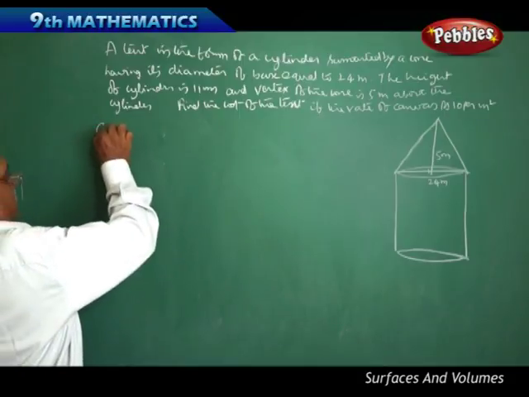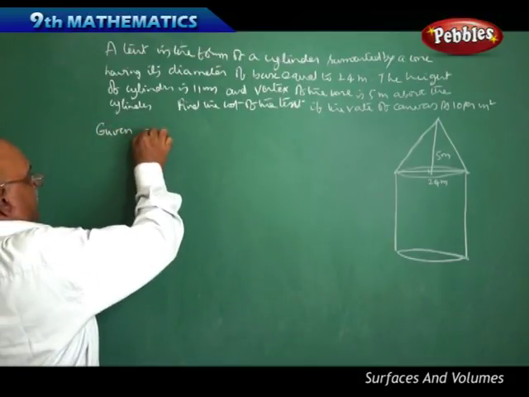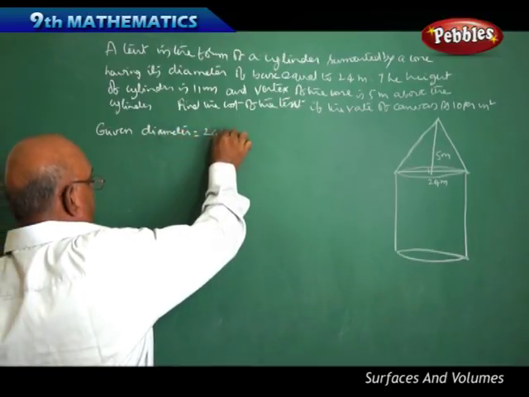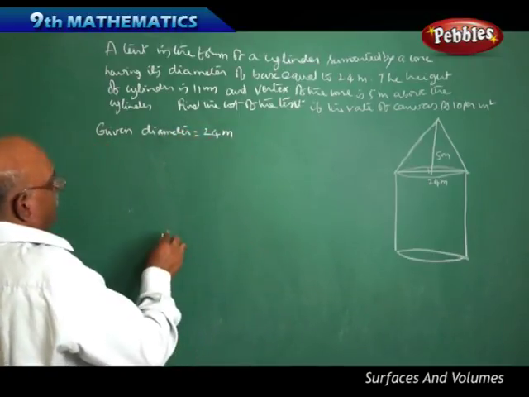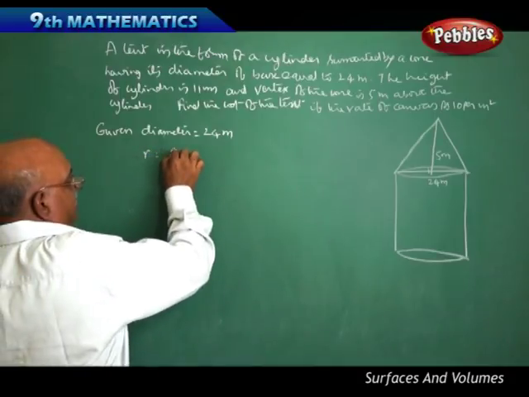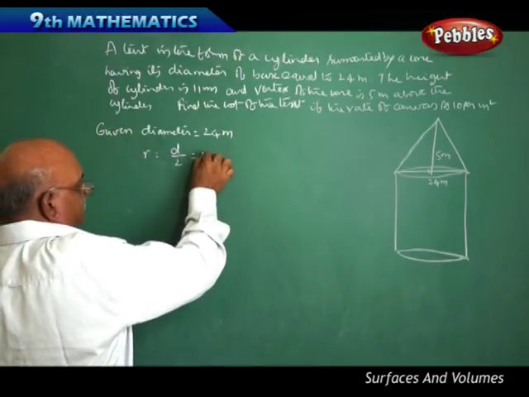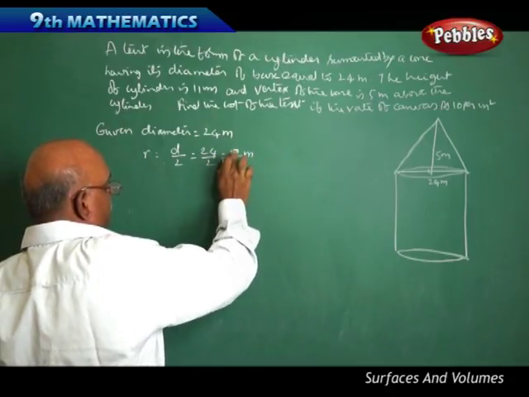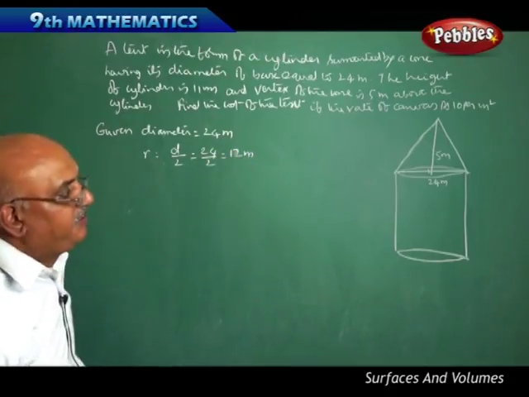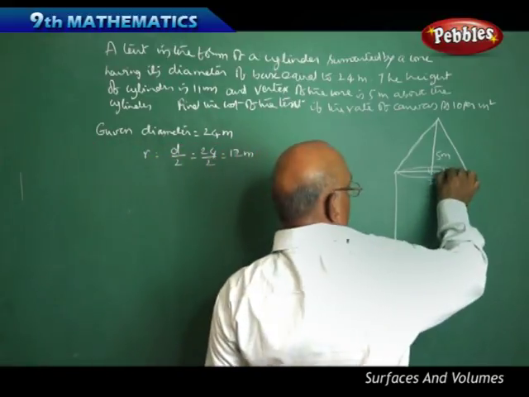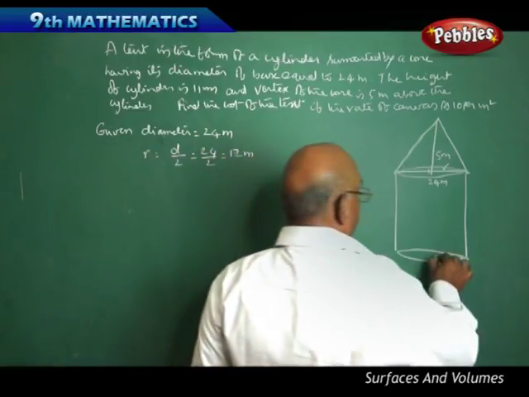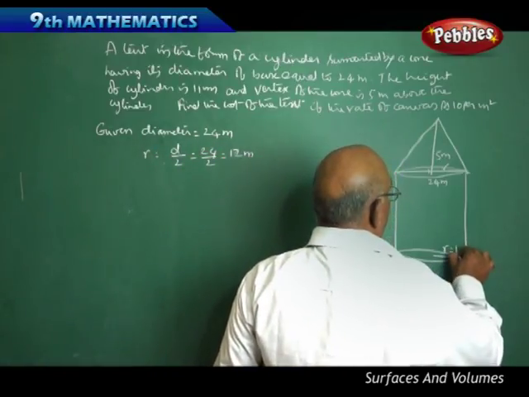It is given that the diameter is 24 meters. Therefore radius is equal to d by 2, that is the diameter by 2. 24 by 2 is equal to 12 meters. So the base radius is r equal to 12 meters.